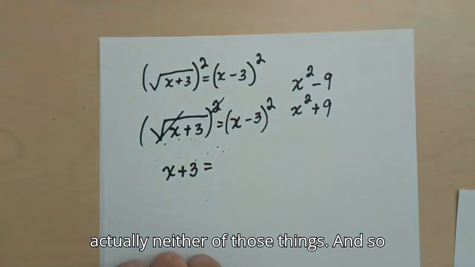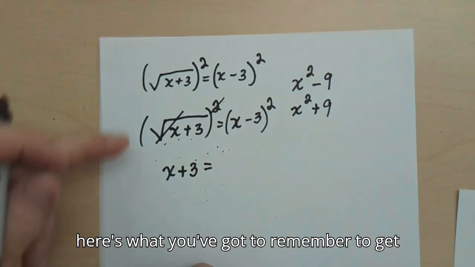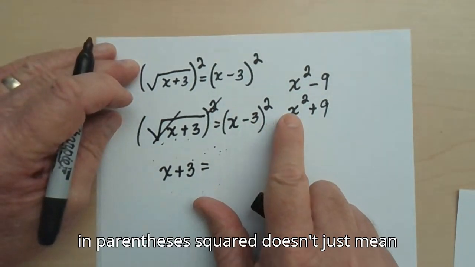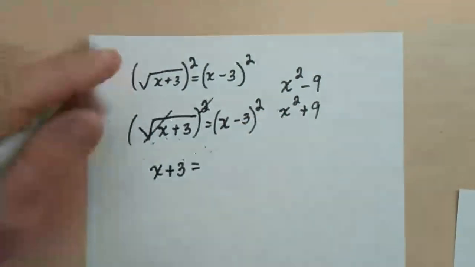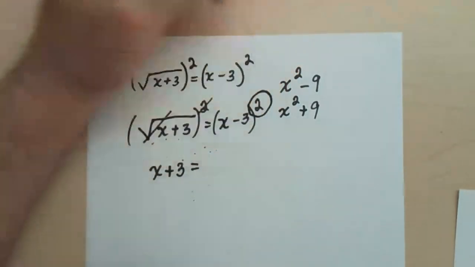It's actually neither of those things. And so here's what you've got to remember to get this problem right. X minus 3 in parentheses squared doesn't just mean x squared minus 3 squared. It means x minus 3 all squared.